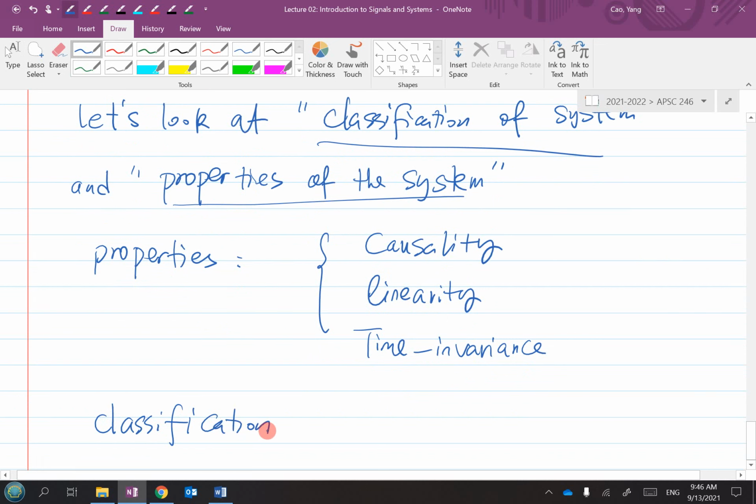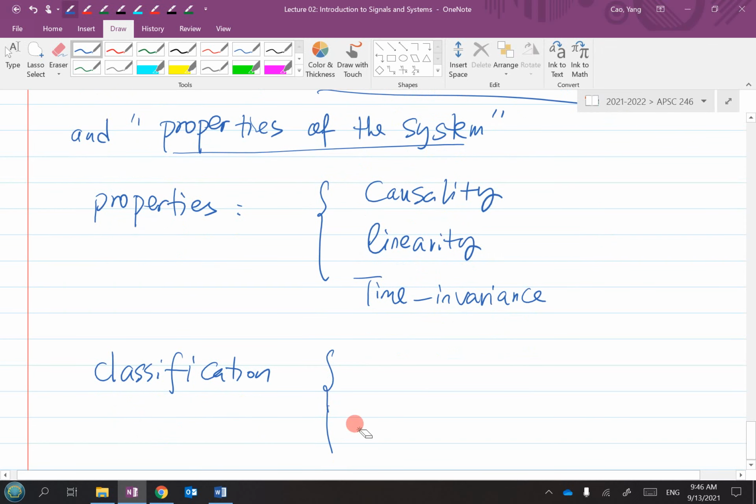You have three properties, and you look at each one and try to place your system into each one. For example, you look at the causality of the system. Is it a causal system, or the other way around, a non-causal system?